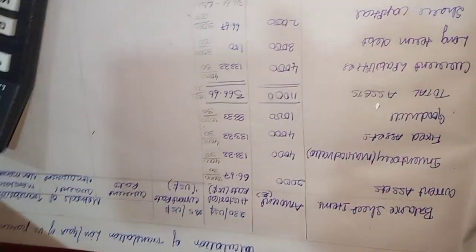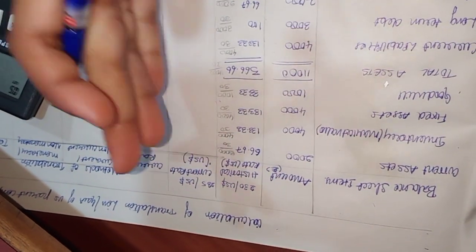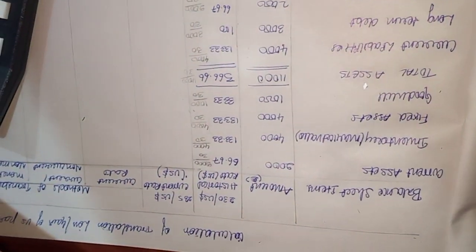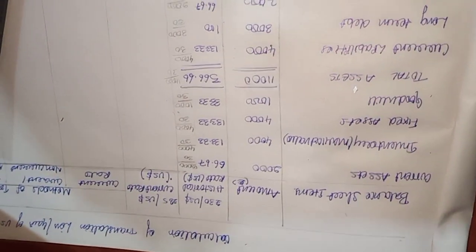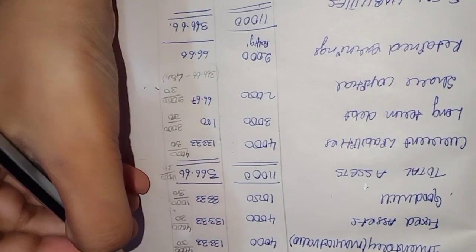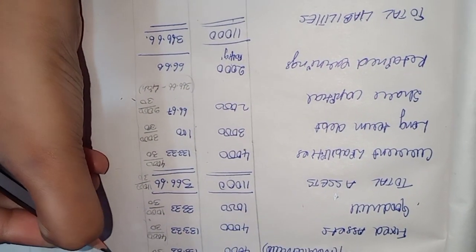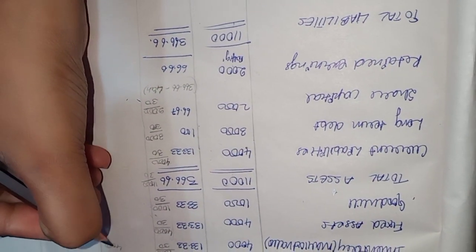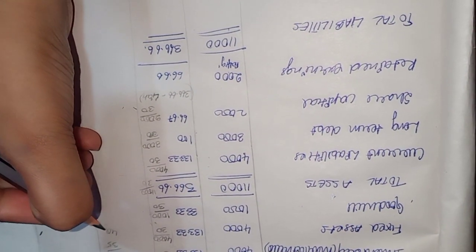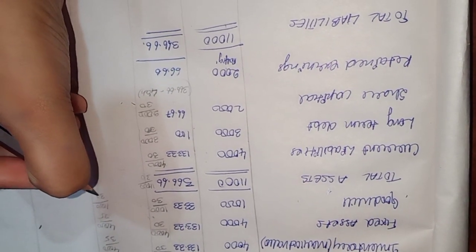Okay, now current assets, same like this only we are going to do for current assets guys. I will show you. $2,000 divided by 35, $4,000 divided by 35, $4,000 divided by 35, $1,000 divided by 35.